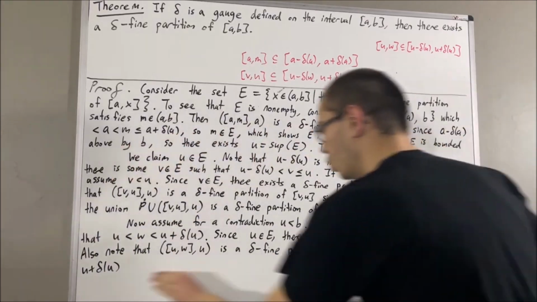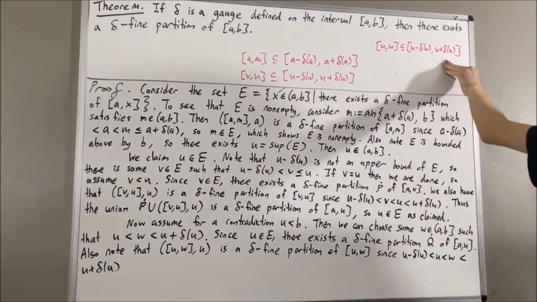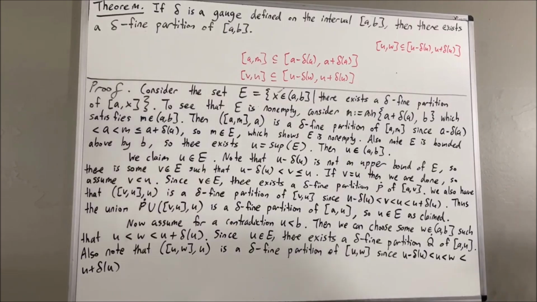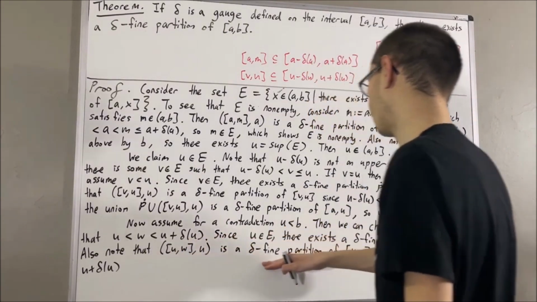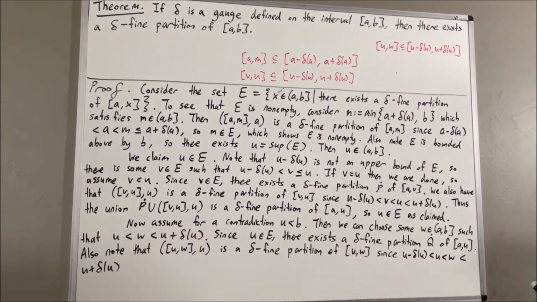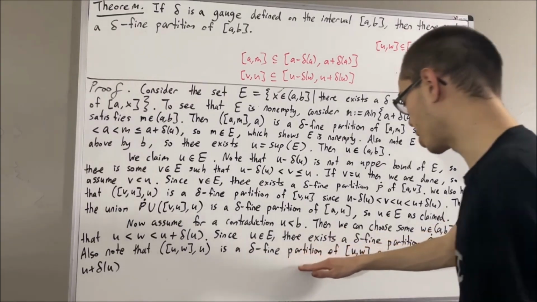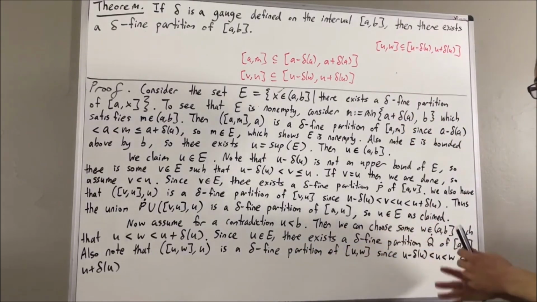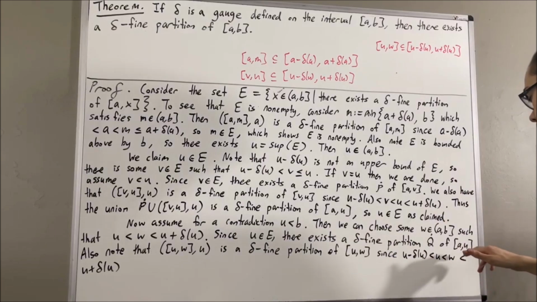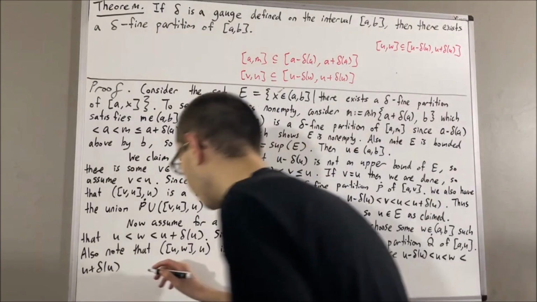So these inequalities imply that this inclusion is true, so this must be a delta-fine partition of [u, w]. Because we have a delta-fine partition of [a, u], and a delta-fine partition of [u, w], their union must be a delta-fine partition of the closed interval [a, w].